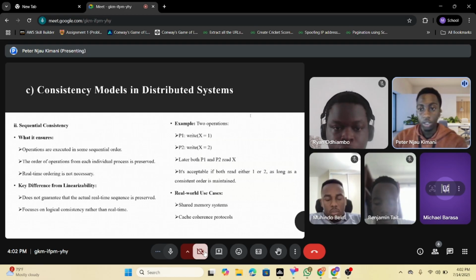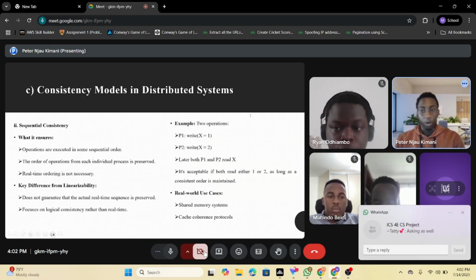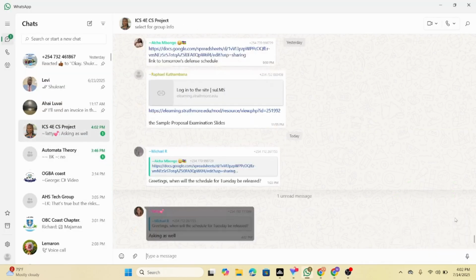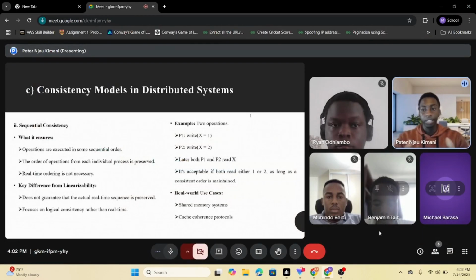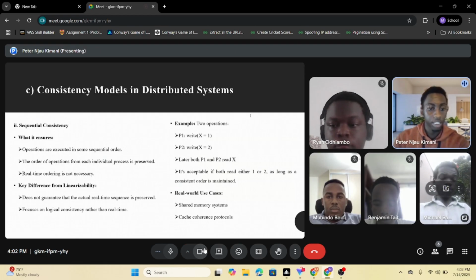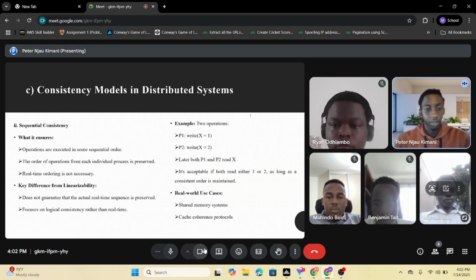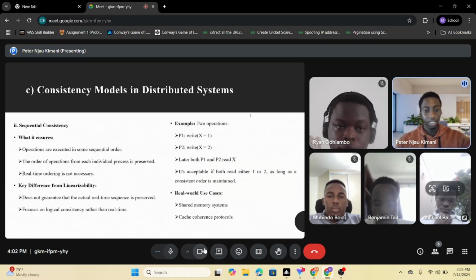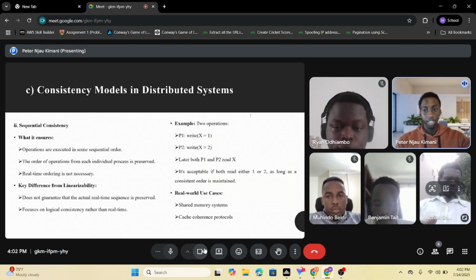As for sequential consistency, operations appear to be in some sequential order, meaning one after the other. So it ensures that operations are executed in some sequential order, just as I've said. The order of operations from each individual process is preserved.